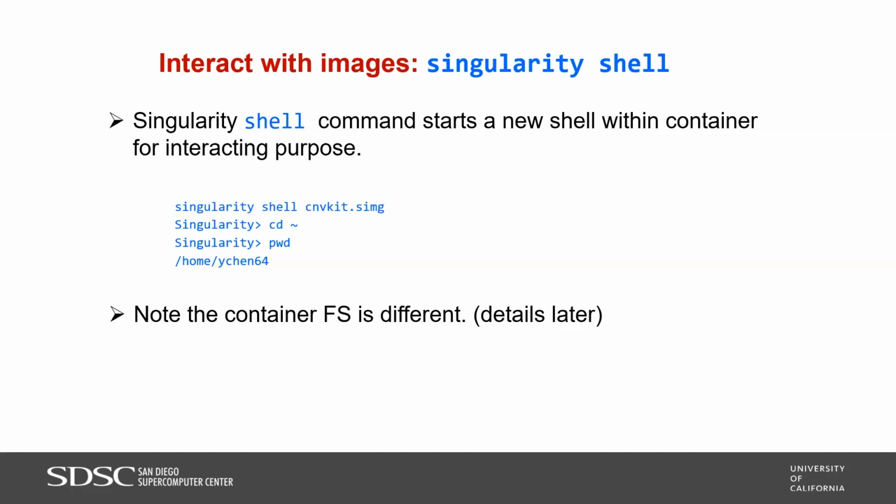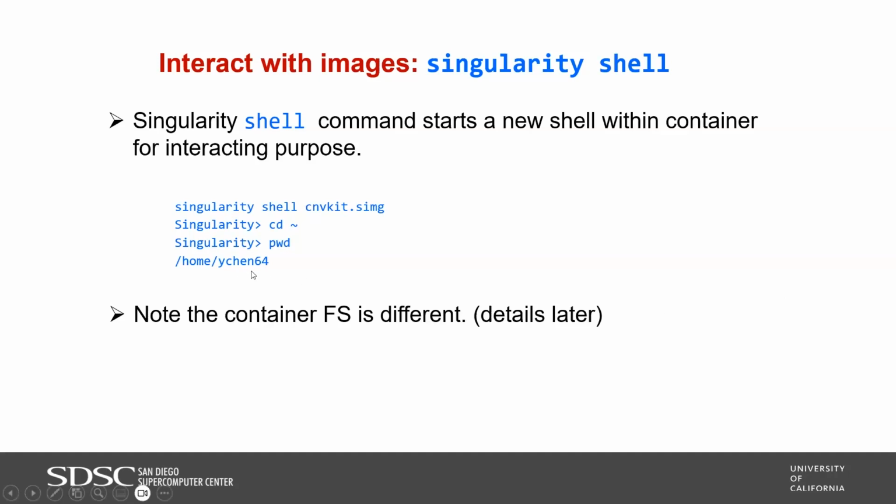So next we learn some basic usage of those images, like the one I'm showing here. We can open a Singularity shell command, so we can enter that Singularity image.